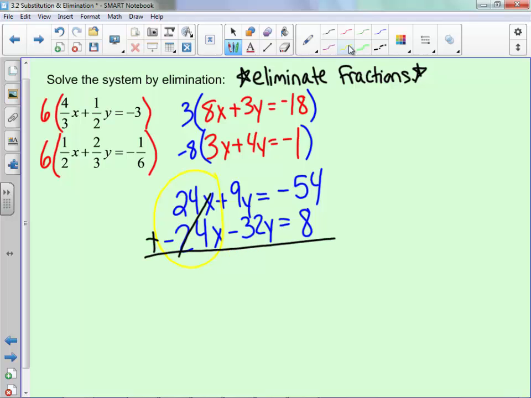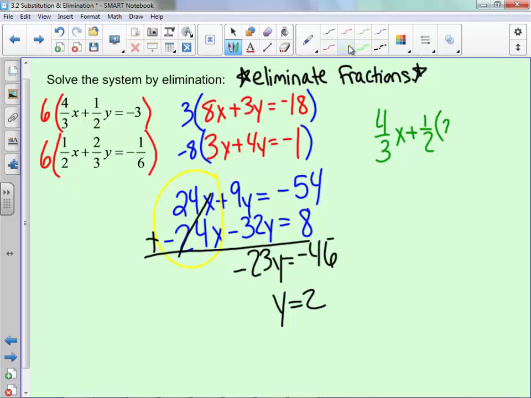So our x's go away. So we'll get y's 2. And we still have to get our x. And so I'm going to go ahead and plug this in for y.